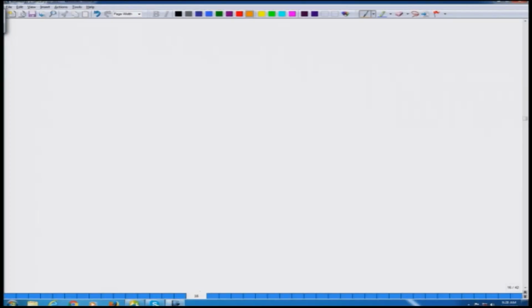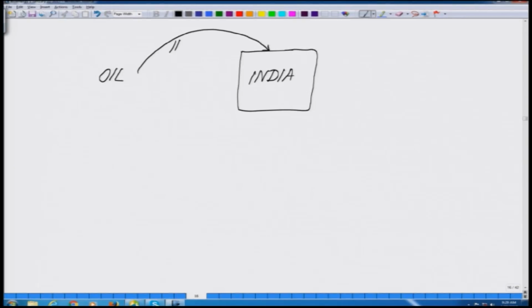So, in the next slide, you remember in the last class I told you, assume that this box represents India, and at this point India is importing oil, and in that process we are spending a lot of our foreign exchange. We talked about that.